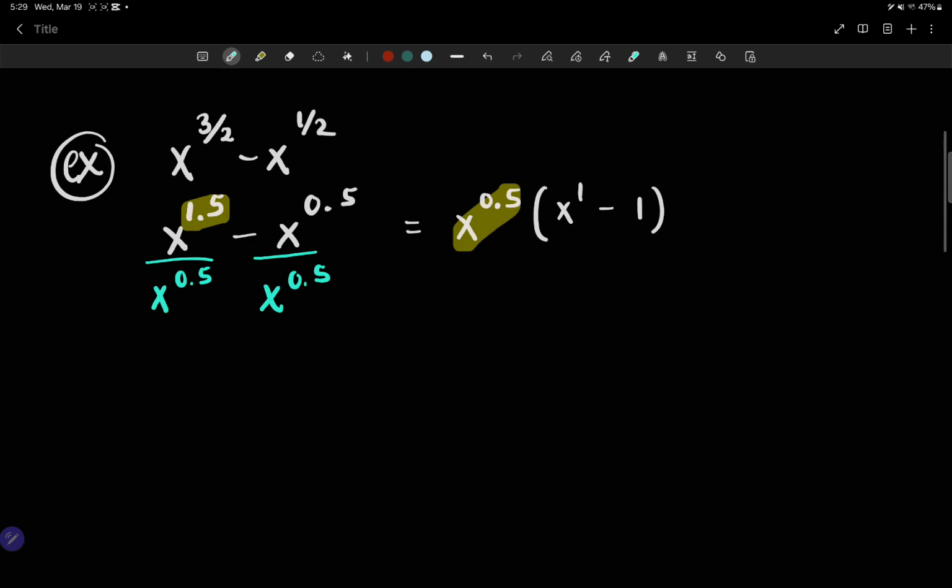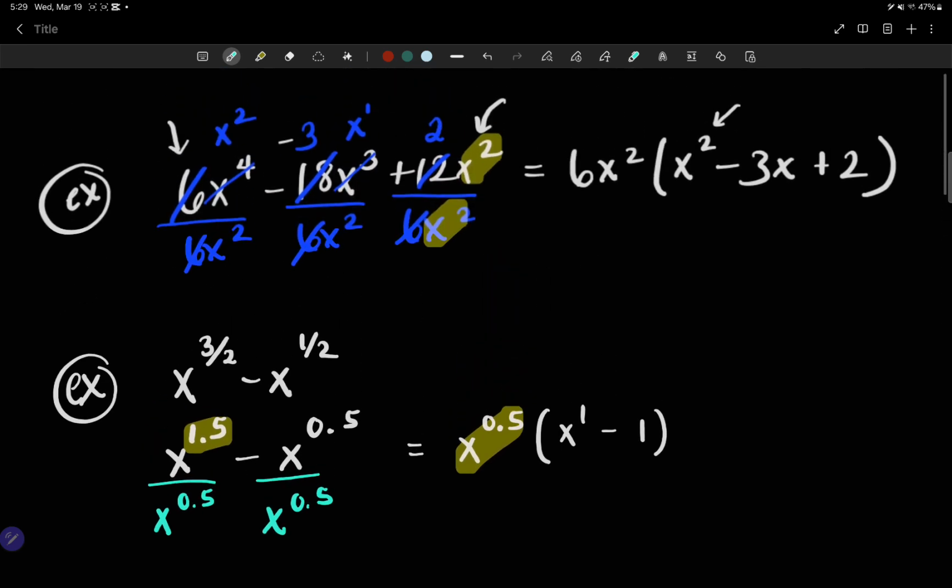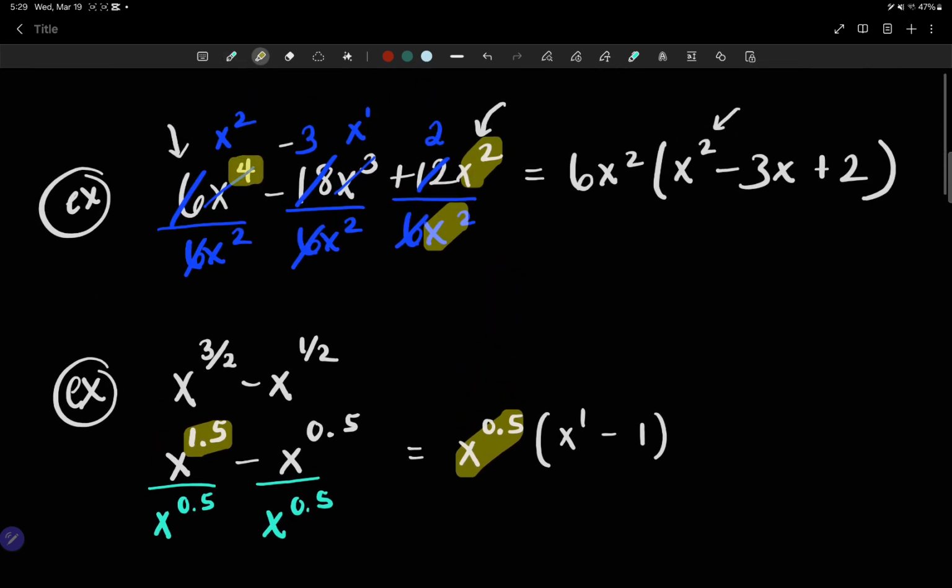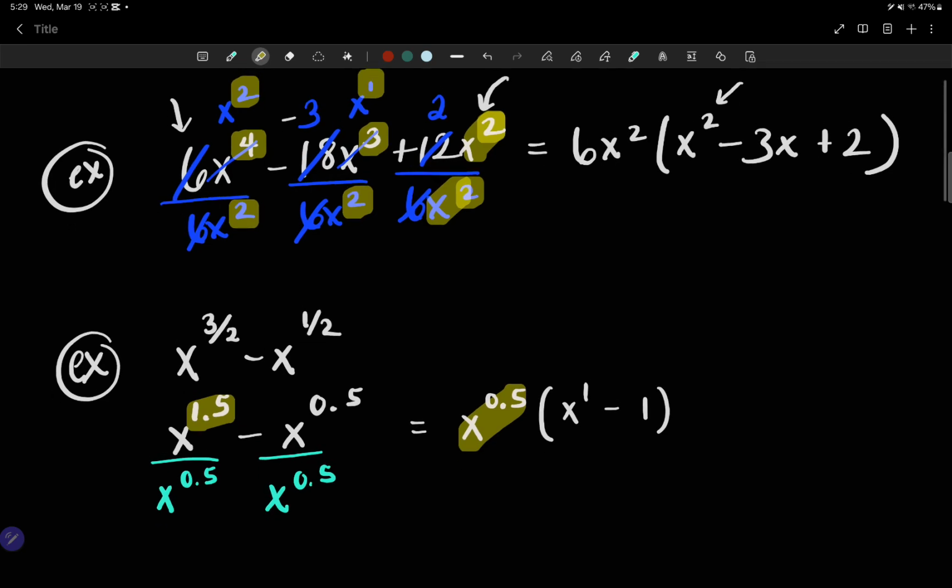And then I told you that we actually subtract those exponents. If you didn't notice that, we really did 4 minus 2 up here, which is why we had 2 left over. 3 minus 2 here, which is why we had 1 left over. And then 2 minus 2 was x to the 0, but x to the 0 is just 1. So we're using properties of exponents when we're simplifying here.